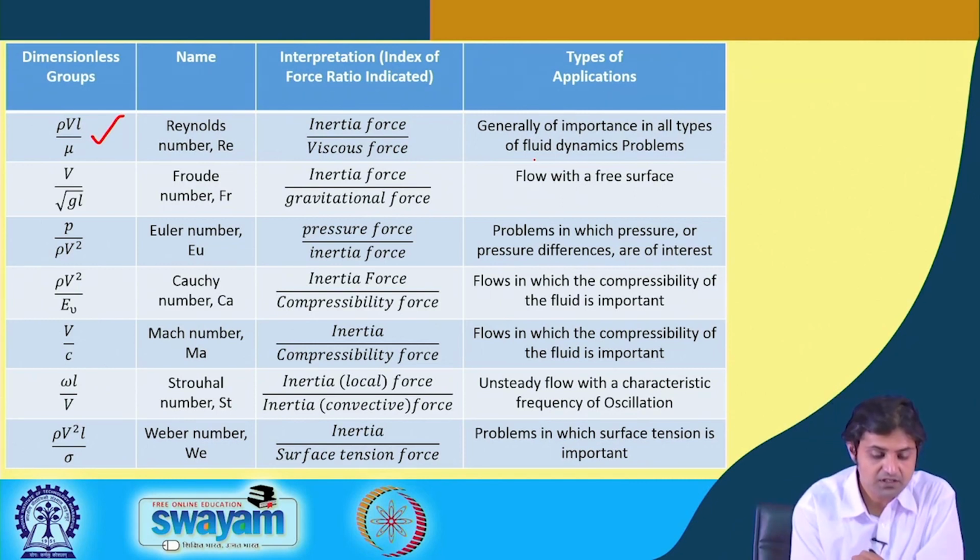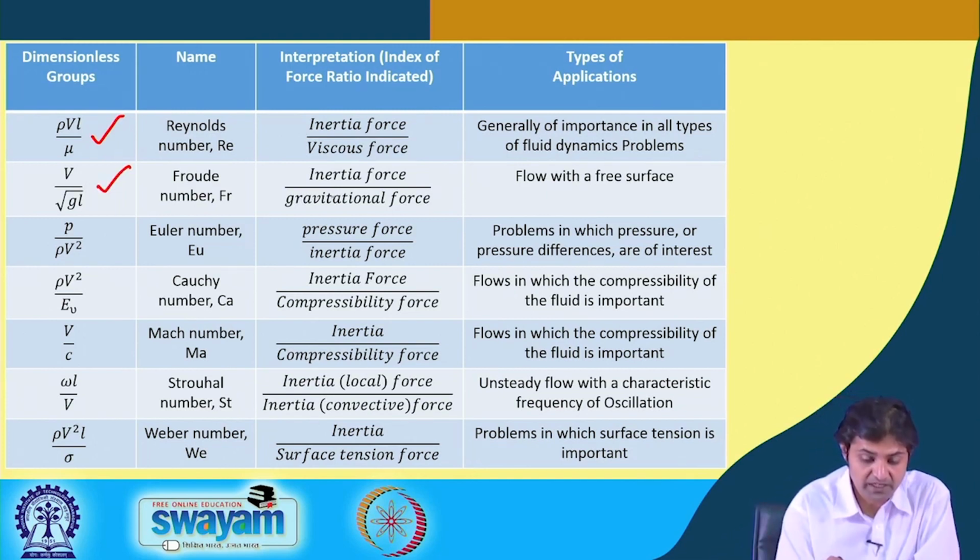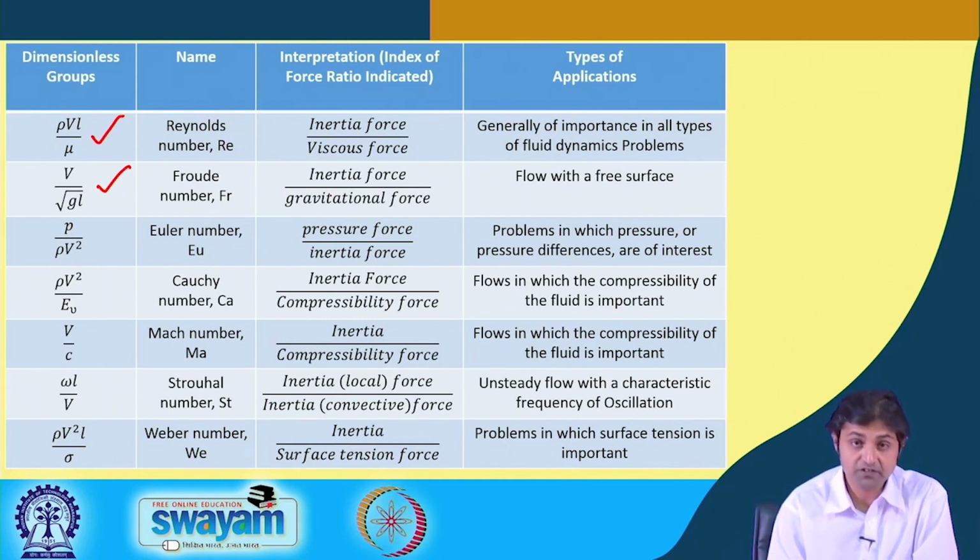Another such quantity is the Froude number, given by V over the square root of g L. Froude number is the ratio of inertial forces to gravitational force, whereas Reynolds number was inertial force to viscous force. It is important in flows with a free surface.